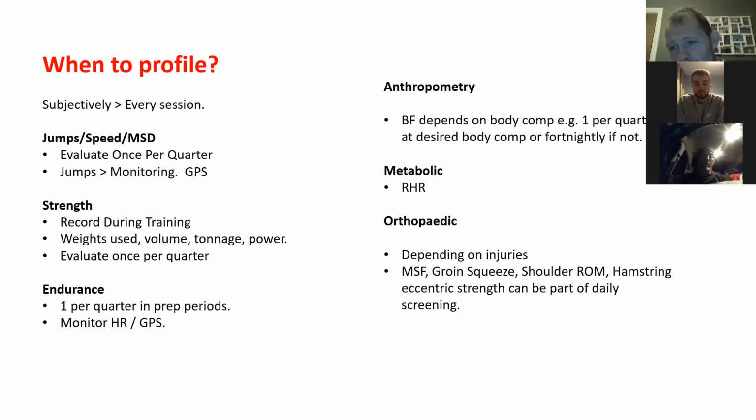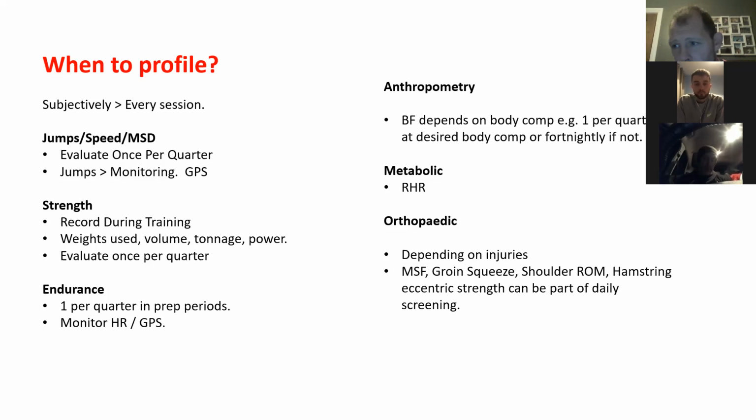Endurance, again, if you have heart rate monitors or GPS, you're monitoring this all the time, you're recording this all the time, you're creating a profile on the player all the time. For example, if you're GPSing players and you're 4 weeks into the league, then you have a really good idea of how fit someone is, and a far better marker of where someone is from a physiological standpoint in terms of being able to meet match demands than you have off any test.